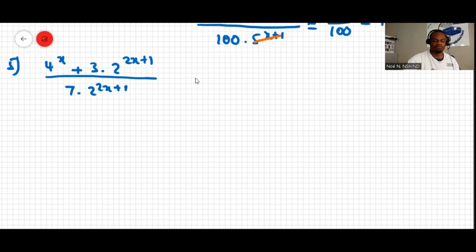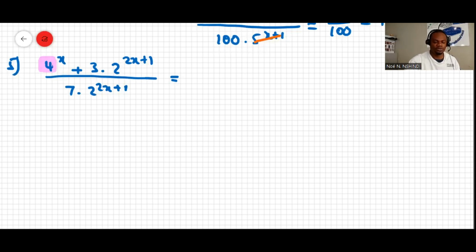Now, what can I do here? I don't really see a common thing to simplify yet, but there is this base 4 here. 4 is not a prime number, so we need to reduce 4 in terms of its prime factor.